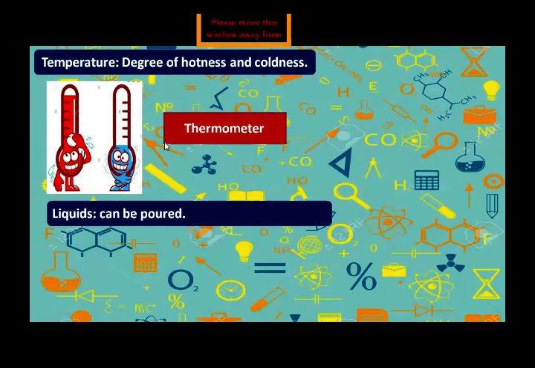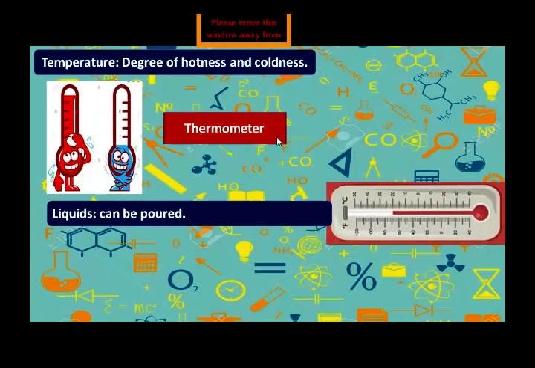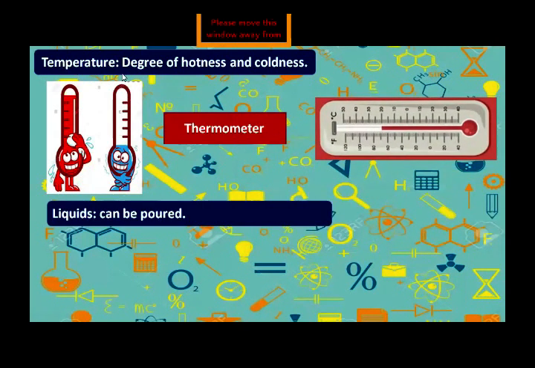What will we use to check the temperature? We use a thermometer. Beta, have you ever felt sick or feverish? The thermometer shows us how high our body temperature is when we have a fever. So the thermometer is the device or instrument which is used to check the temperature of the body, and the air around us is also measured by a thermometer.